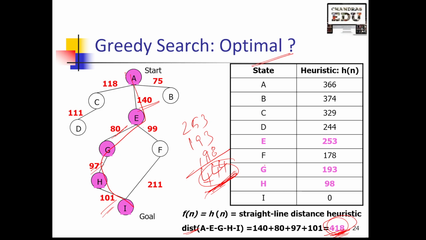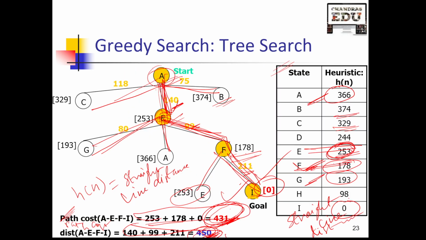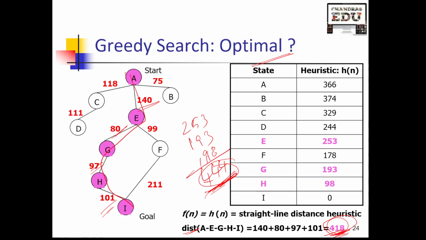The normal path cost is even lesser than the straight line distance. Here in this path we got the straight line distance a good one than the normal path, but here the normal path cost is very much lesser than the straight line distance, so we can't say this is an optimal one.